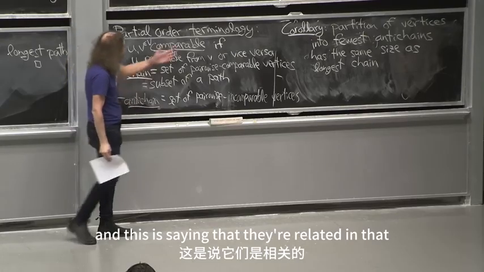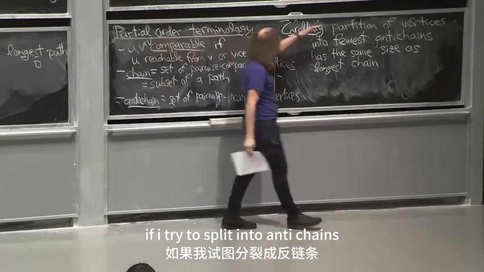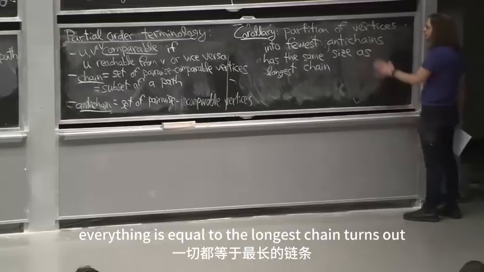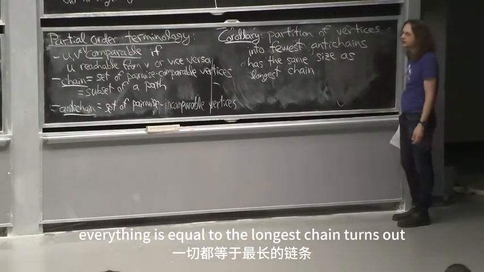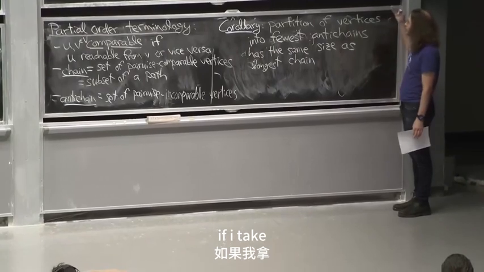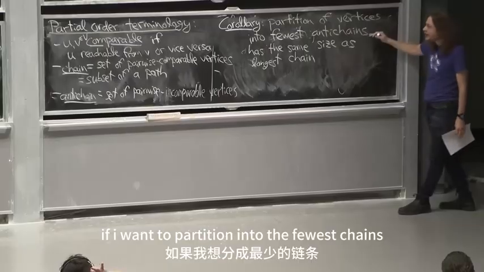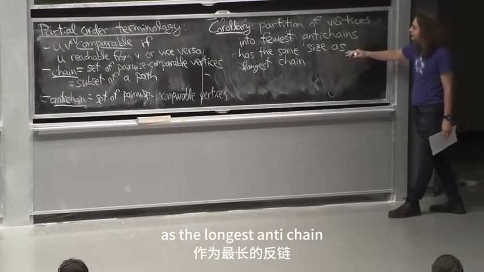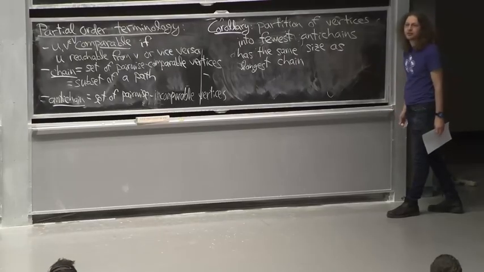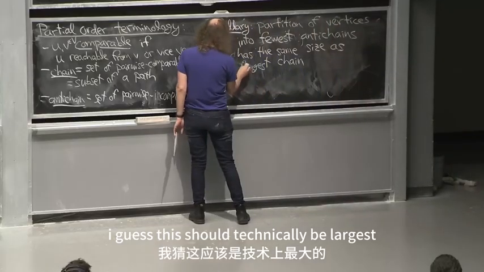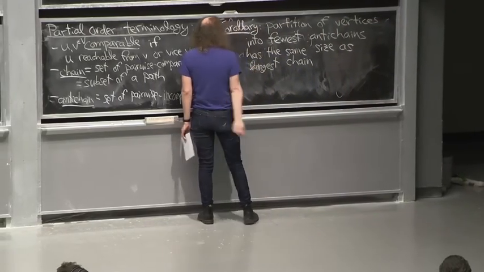And this is saying that they're related in that if I try to split into antichains, the number of antichains I need to cover everything is equal to the longest chain. Turns out the reverse is also true. If I want to partition into the fewest chains, the number of chains I need is the same as the longest antichain. It's kind of cool. I guess this should technically be largest because it's a set.